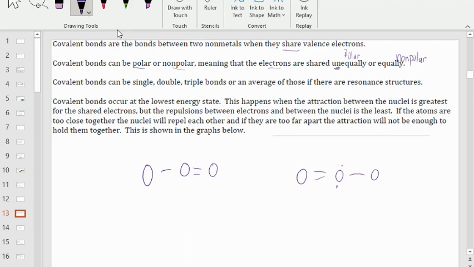Of course we're going to have lone pairs of electrons around these, which you're going to have to start drawing in. You can draw those in over here if you'd like. But at any rate, it's going to spend part of its time here and part of its time here. And that's a resonance structure. Sometimes they will ask you to draw all resonance structures.